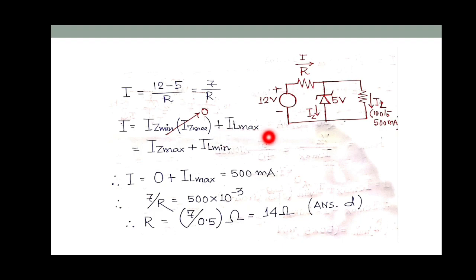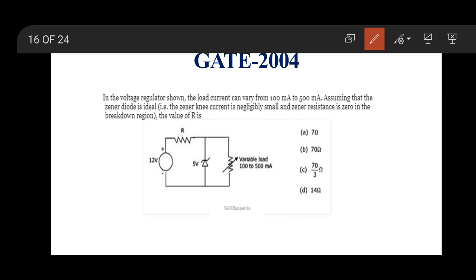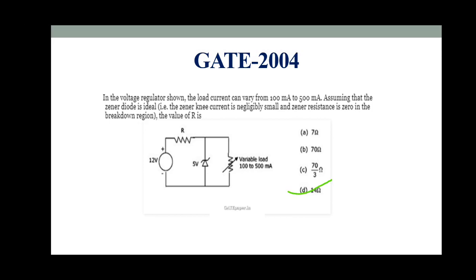So I equals IL maximum, and what is the value of IL maximum? This is nothing but 500 milliamps. So 7 by R equals 500 milliamps, and from this the value of R is 14 ohm.